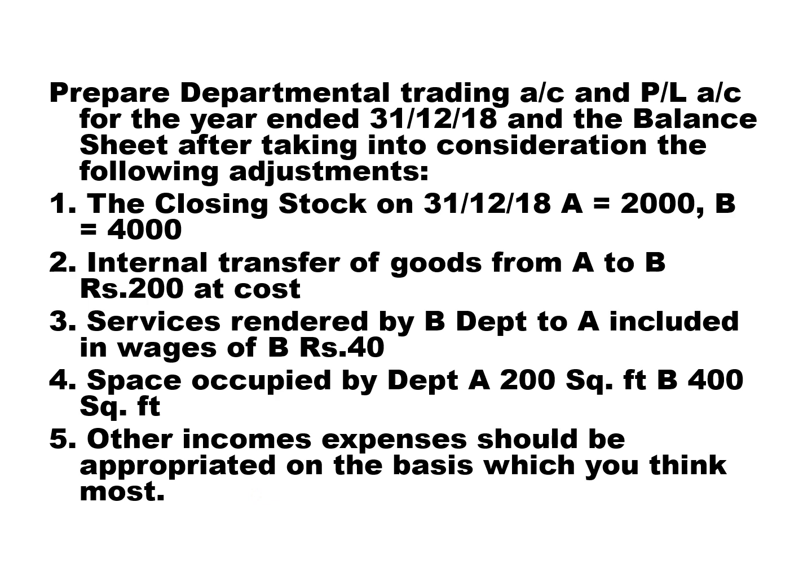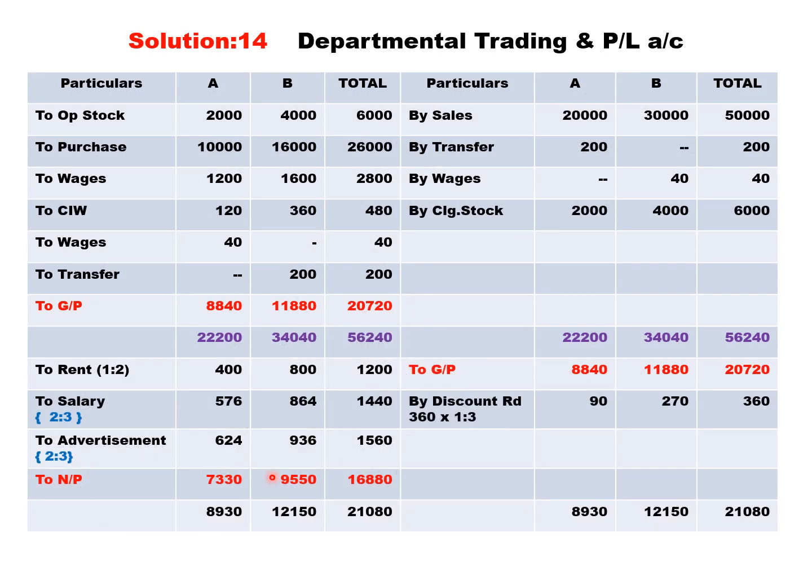Let us work out the solutions. So opening stock take as it is, purchases take as it is, wages take as it is. CIW stands for carriage inward. The carriage inward in the question, students, is 480. Distribute in purchase ratio 1:3.